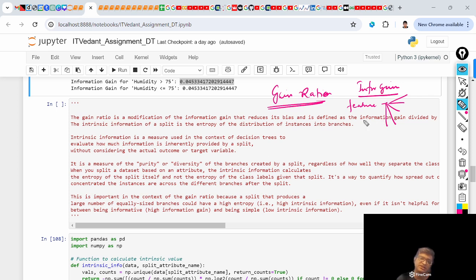What does that mean? Say for example, I have a feature called day and I have elements like day 1, day 2, day 3, day 4, day 5, day 6, day 7. So it has 7 elements. And obviously say I have a class, it is saying play, play, not play, play, and so on.